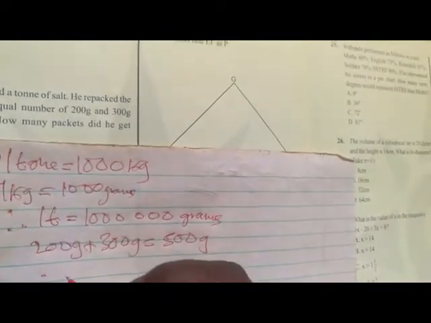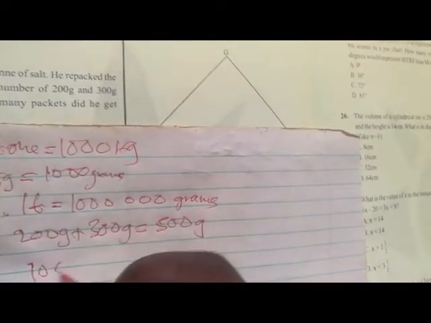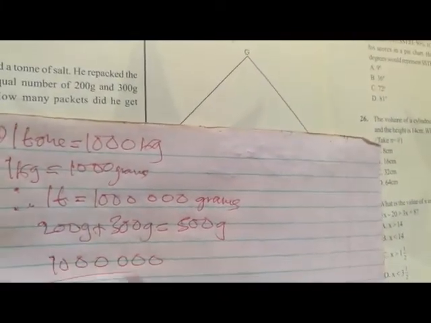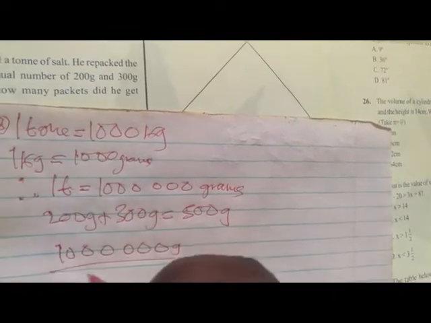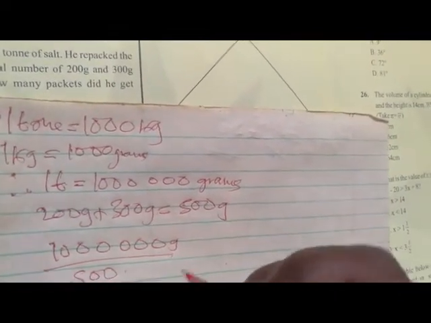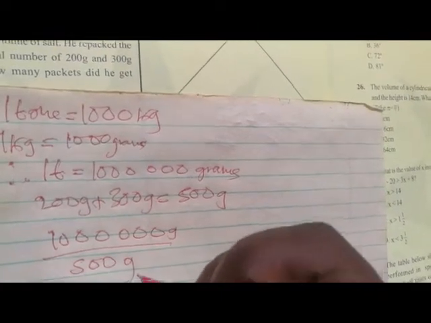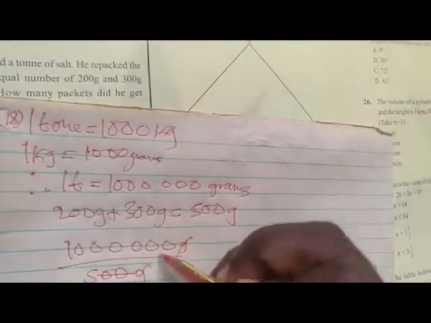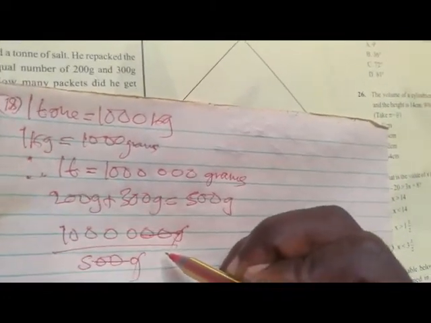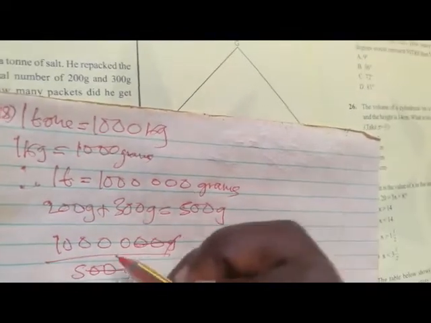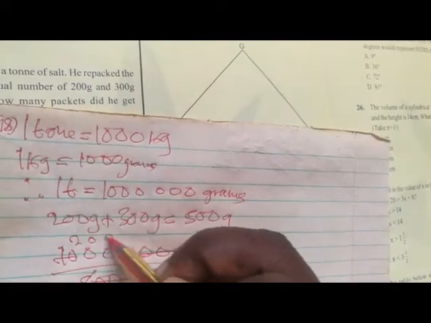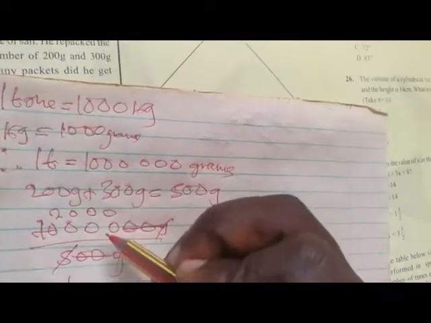Therefore, the number of packets will be 1 million grams divided by 500 grams, the total number of grams given. If we cancel, by 5 by 5, this gives us 2000.